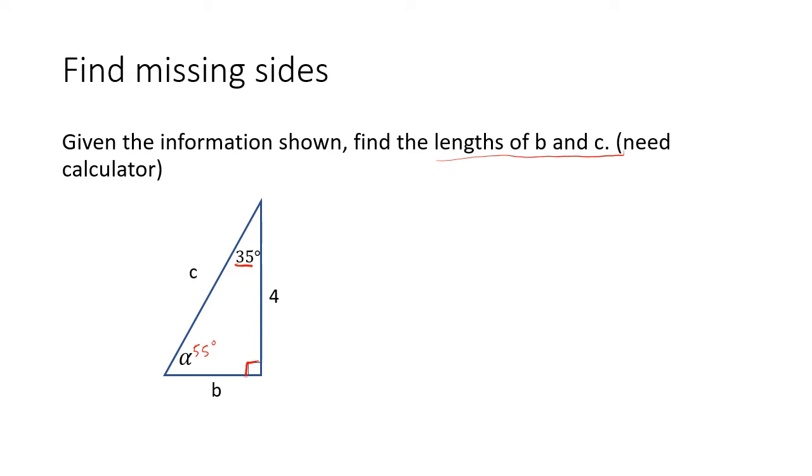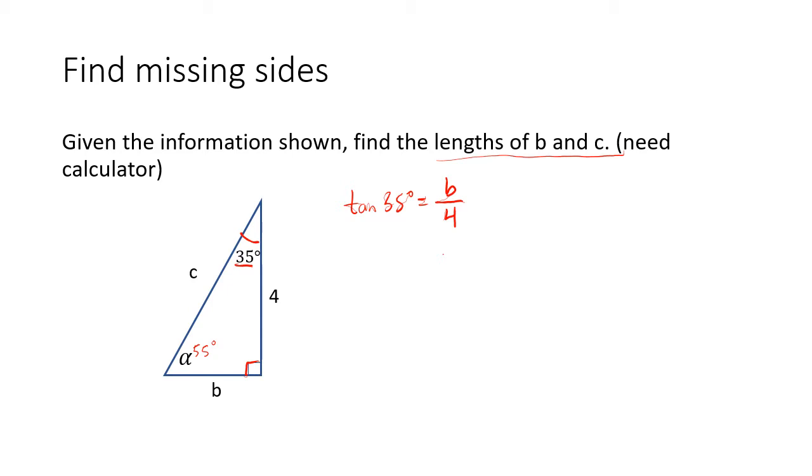But if we want to find the lengths of b and c, well, there's two options here. We could say, all right, with respect to that 35-degree angle, the tangent of that 35-degree angle is equal to the opposite side, which is b, divided by the adjacent side, which is 4, and the only thing we don't know in this equation is b.